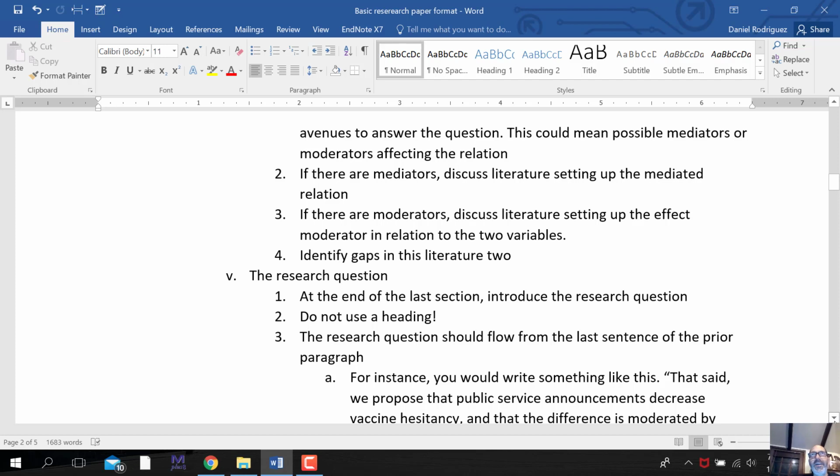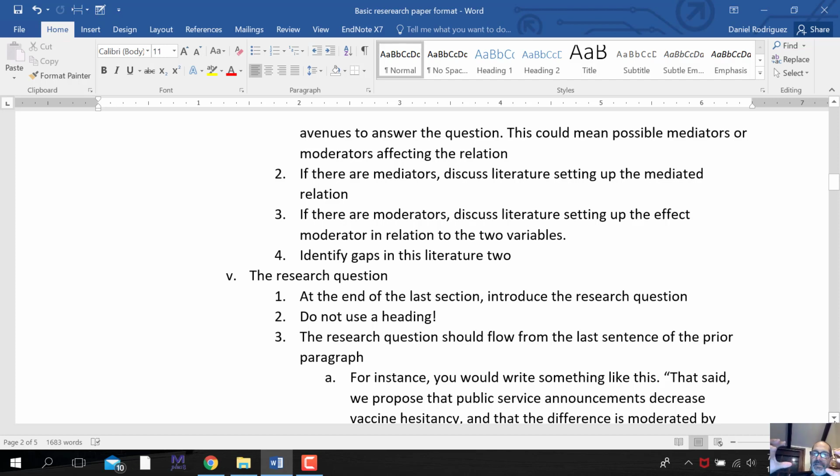You listen to the radio, you hear a public service announcement, it changes your opinion about science, say beliefs about the efficacy of science, and that affects your vaccine hesitancy. Sometimes we have to think about this stuff on the fly. I was just actually trying to think about this on the fly as a potential mediator. So that's a mediator variable.